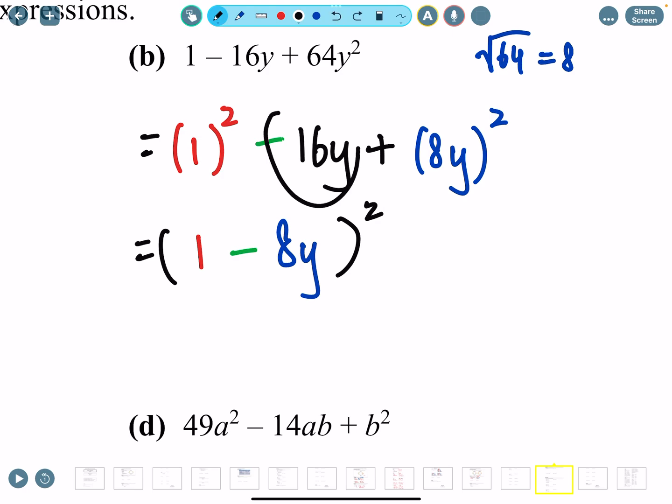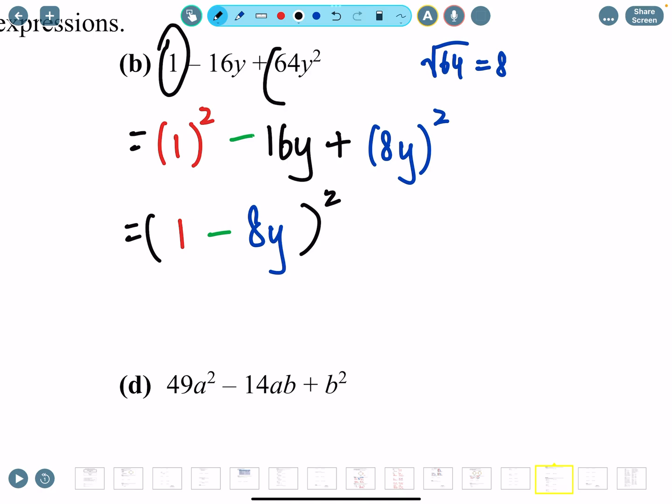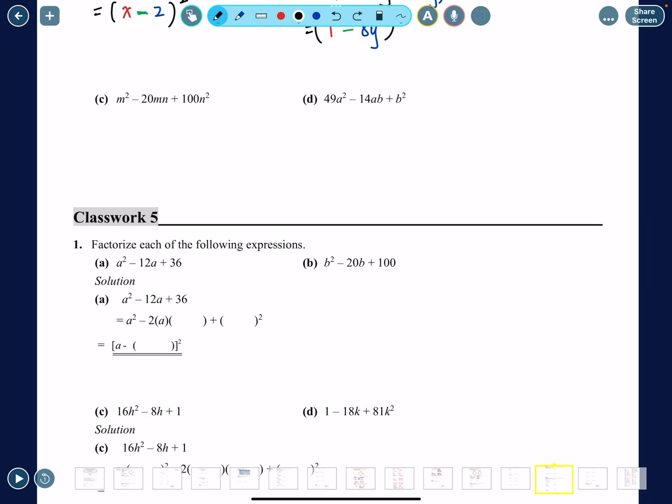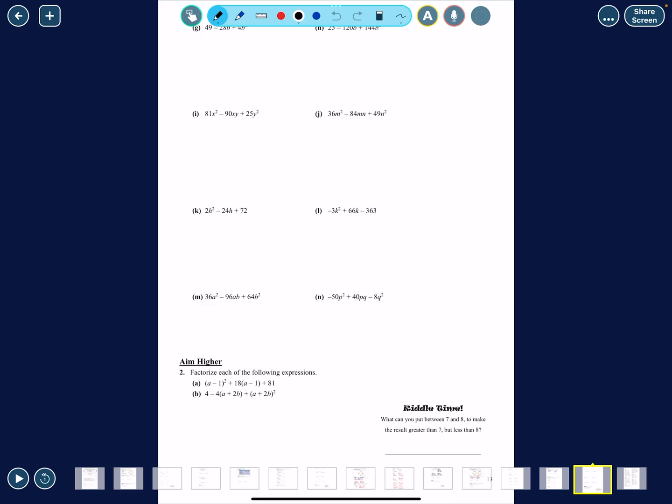So again, we don't need to separate the middle one. Let's save some time. Usually if you can change the first one to a square and the last one to a square, it's that identity. Usually. Well, it depends. So let's see if we can find some special questions. Okay, nothing special actually.